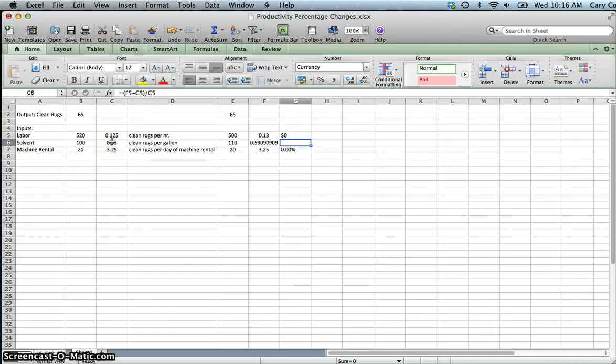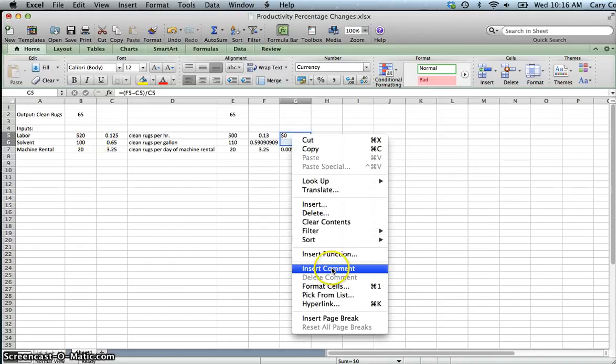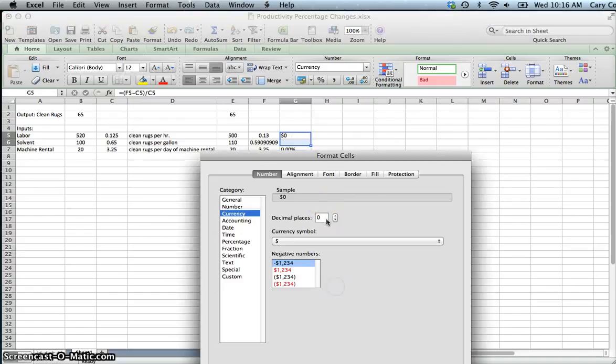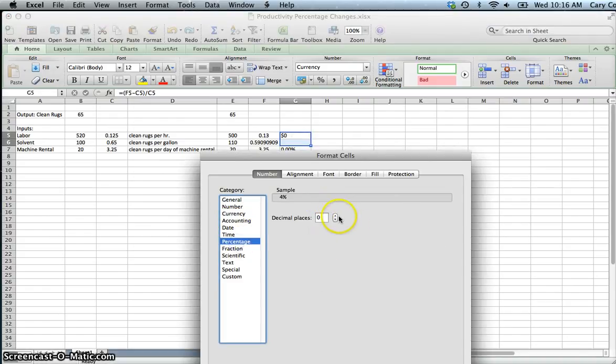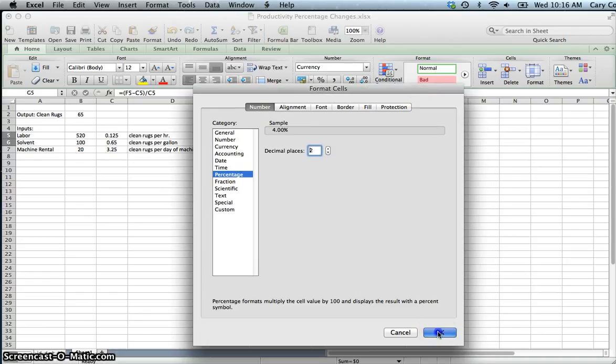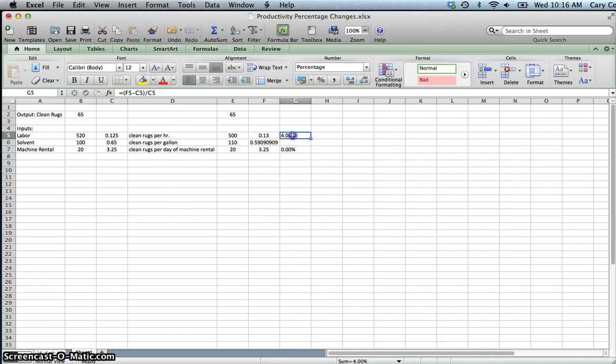And so we wind up with, once again, we need to format these things. Right now it appears to be formatted for currency, so we'll change these to percentages and show 2 decimal places. And so what we have here is a 4% increase over our previous numbers.